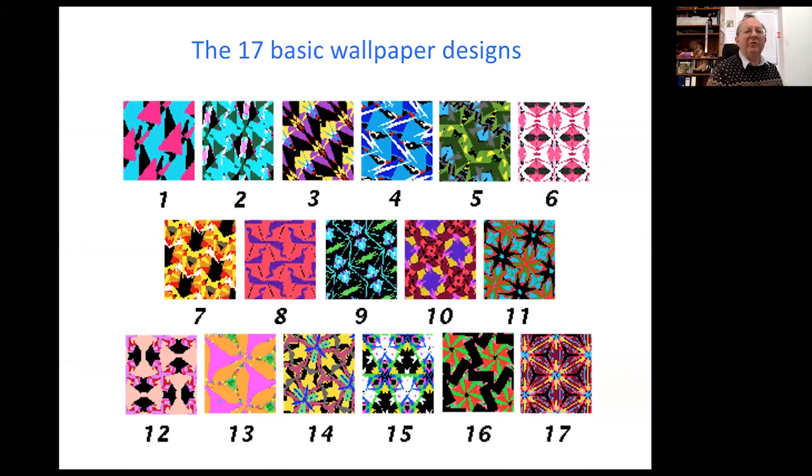So there are 17 basic wallpaper patterns which have certain symmetries associated with them. And all other wallpaper patterns are, to a certain extent, all the same. They're just detail differences in the way the actual pictures work, but the symmetries that are embodied in them are always one of these 17 basic wallpaper designs.